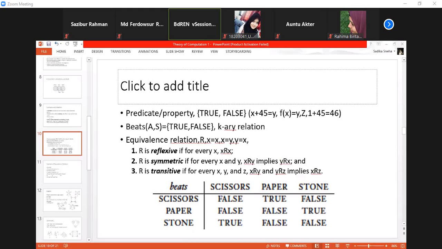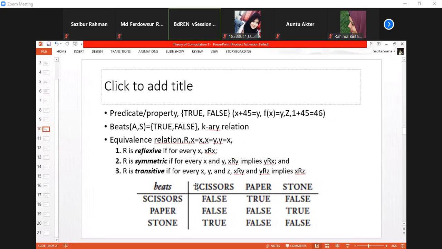Before talking about the equivalence relation, there is something that has been mentioned here, that is a predicate relationship that is shown as a picture. As I discussed in the previous class, we can have two forms for proving the relationship. What are these forms?